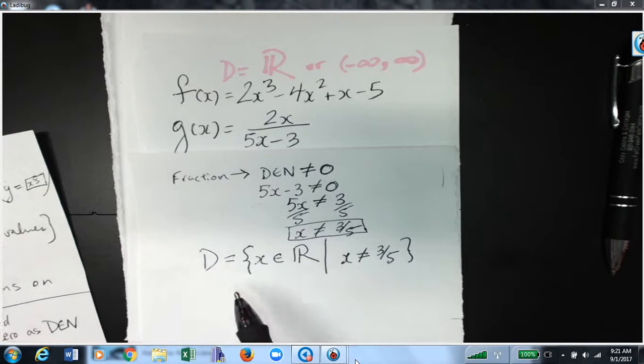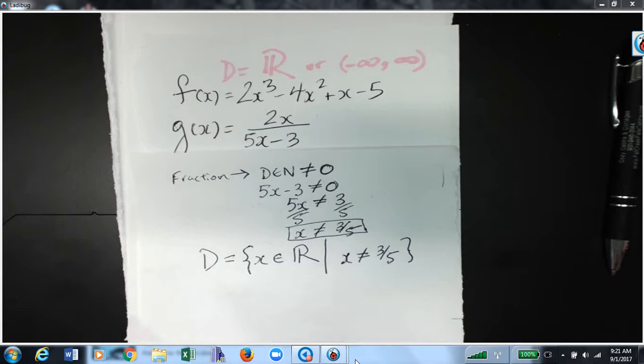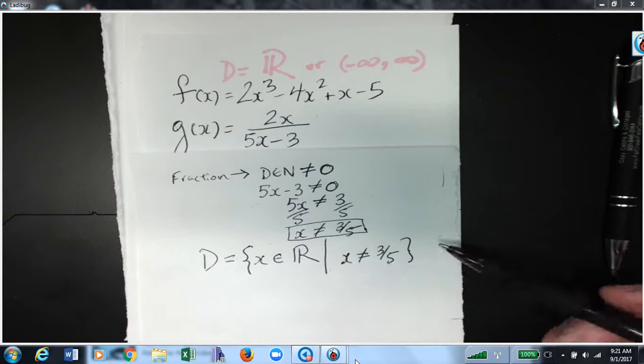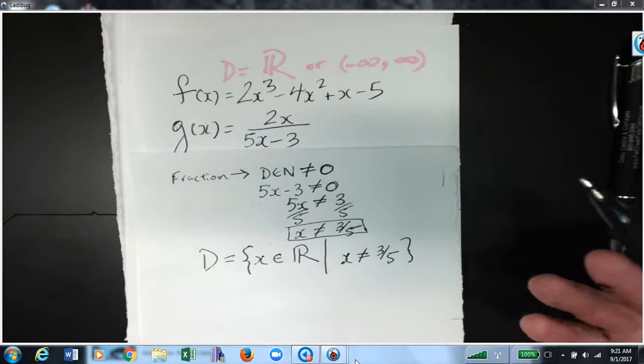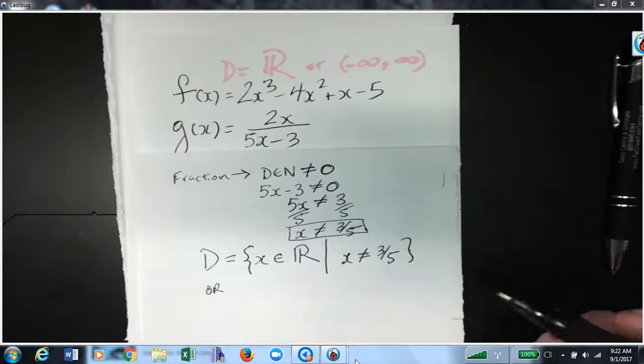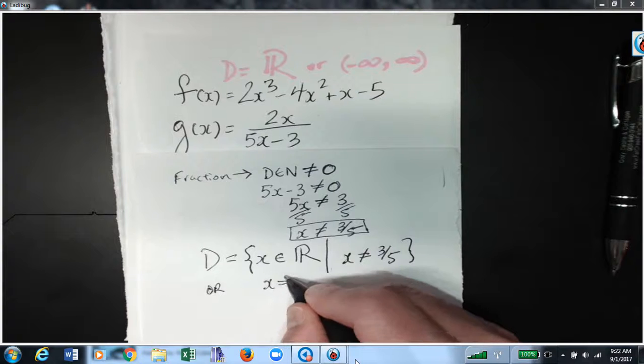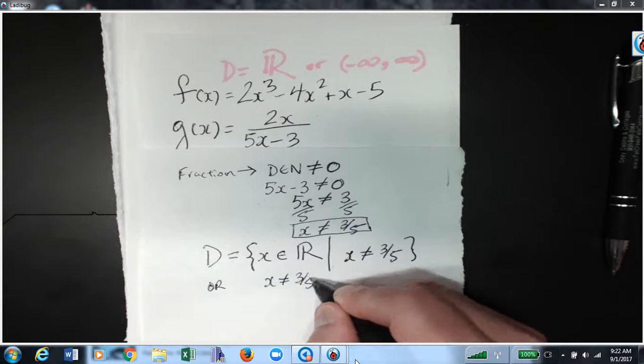So what's the domain? Well, what is x allowed to be? It can be any real number as long as it's not 3/5. Or if you look in the back, it might just give a shortened version of this and say x is not equal to 3/5.